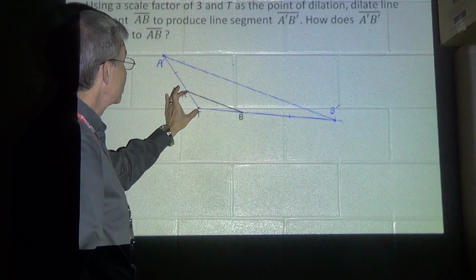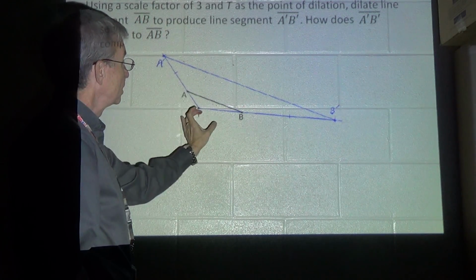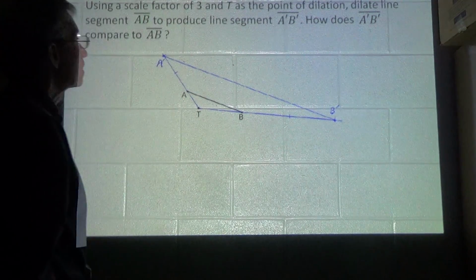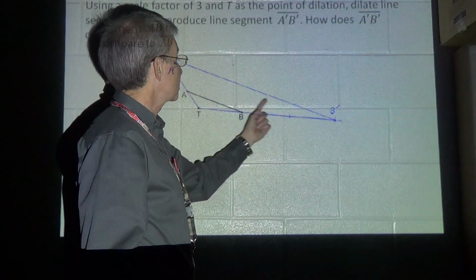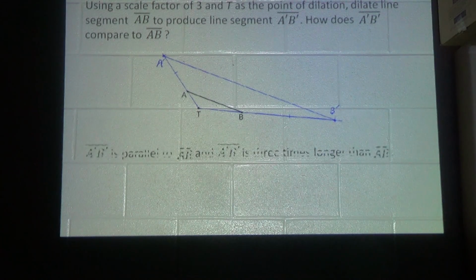We take this distance and multiply by 3 with a compass, and that gets us to this. So segment A prime, B prime, which is this one right here, is going to have the same scale factor, so a scale factor of 3, and it would be parallel to the original line.